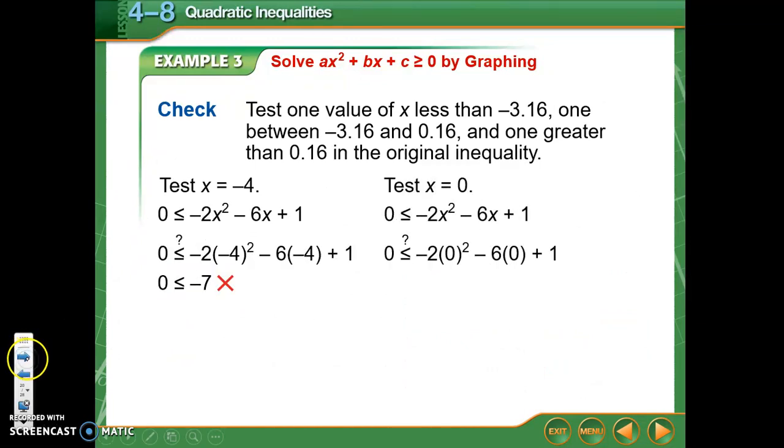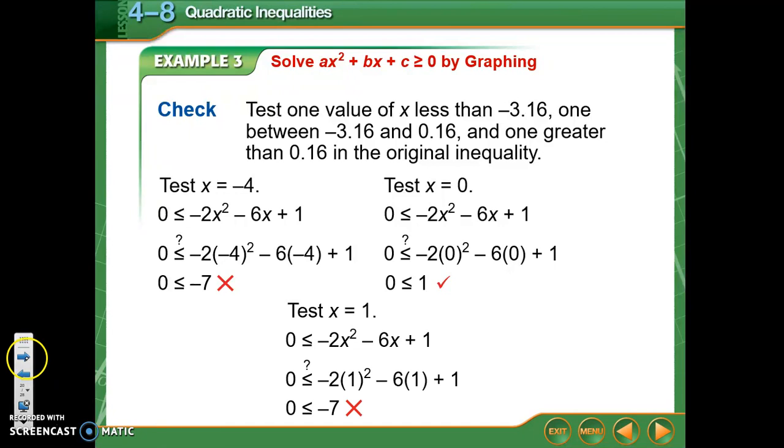If I test 0, I get something that's true. And if I test 1, I get something that's not true. And so that's another way to test whether or not the area that you shaded is correct. Plug in some of the x values in that shaded area and outside of it, and figure out if they're true or false, and that'll tell you if you wrote down the right inequality.